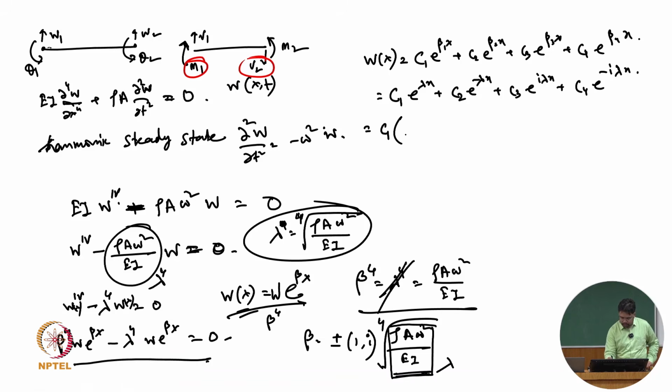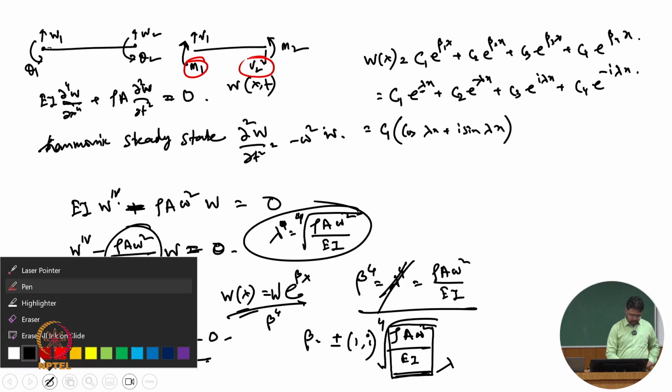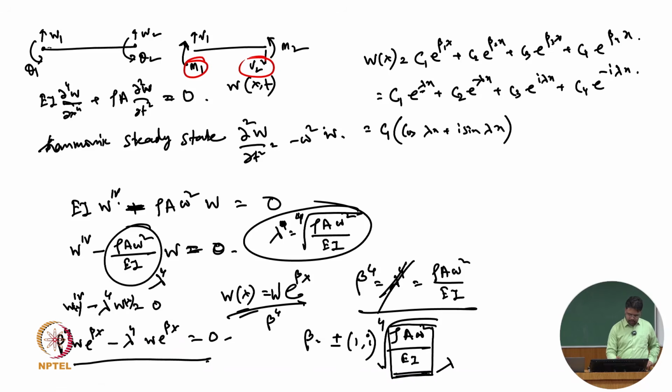Yeah. So that is cos lambda x plus I sin lambda x, but that is wrong because here it is only lambda. So that is the imaginary part of it. So it will become cos hyperbolic and sin hyperbolic lambda x. Make sense?